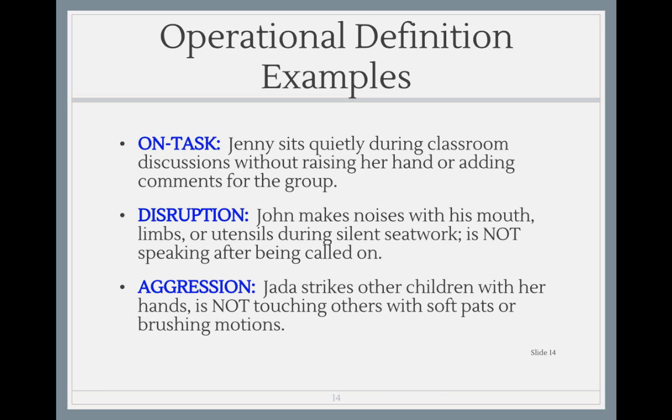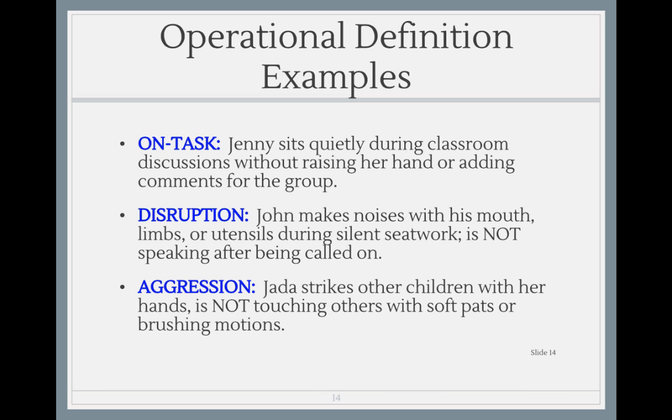So for example, the operational definition of on-task behavior is: Jenny sits quietly during classroom discussions without raising her hand or adding comments for the group. The next 2 examples include non-examples. The operational definition of disruption is: John makes noises with his mouth, limbs, or utensils during silent seat work.